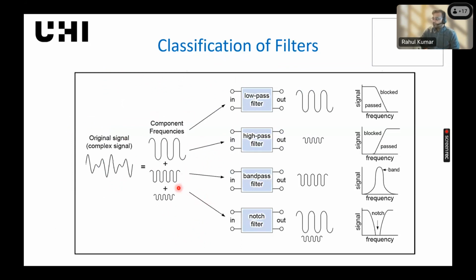Now, here we have the different types of filters. Let's start with the left hand side signal. This is your original signal, right? And it's a complex signal. It has low frequency components, middle frequency components, and high frequency components.